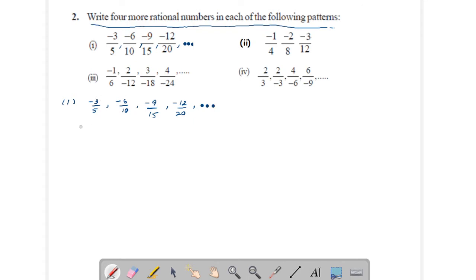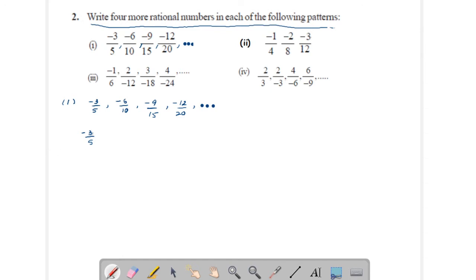Here first rational number is minus 3 upon 5. Now second rational number is obtained by multiplying minus 3 upon 5 by 2. Third is obtained by multiplying it by 3. Fourth rational number is obtained by multiplying minus 3 upon 5 by 4. Next, we can obtain by multiplying by 5, 6, 7 and 8, and so on.